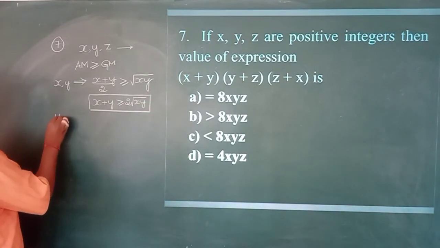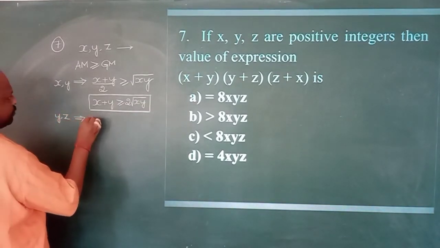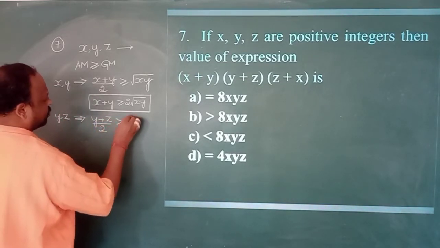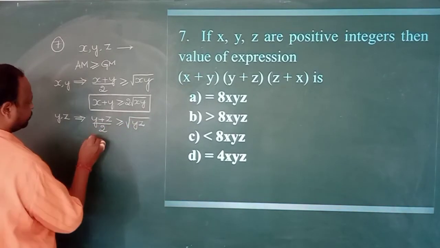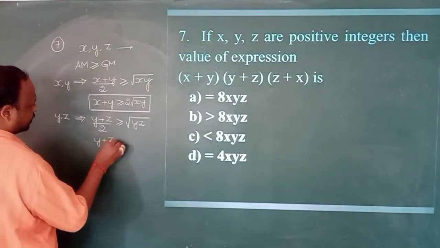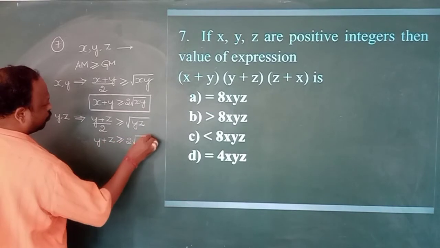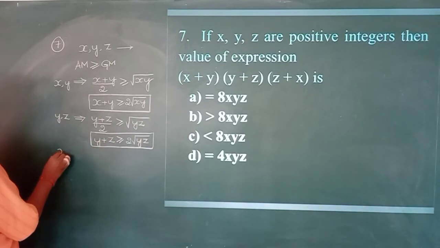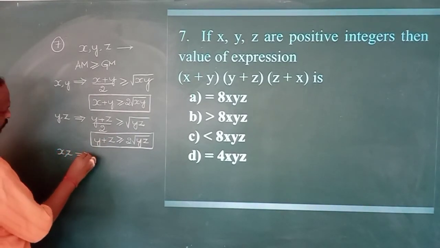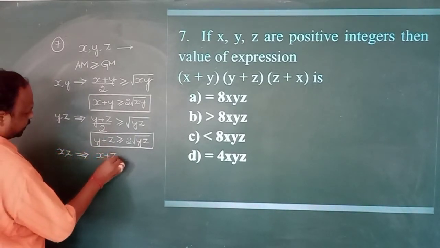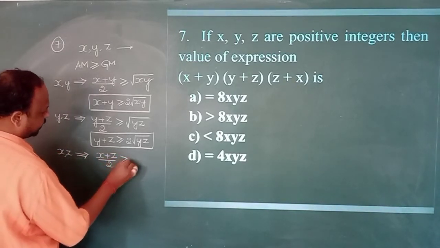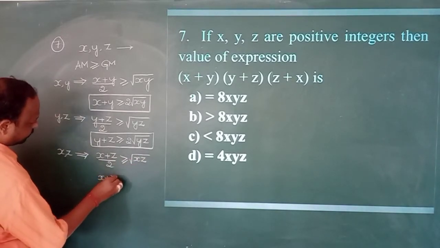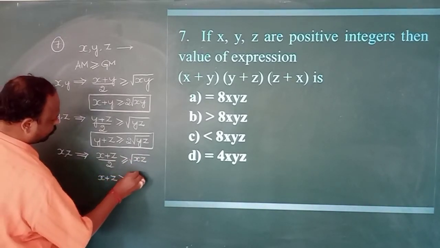If I take yz, y plus z divided by 2 is greater than or equal to root yz, so y plus z greater than or equal to 2 root yz. Similarly, x plus z greater than or equal to 2 root xz.